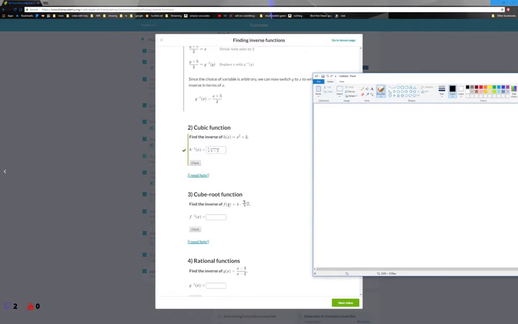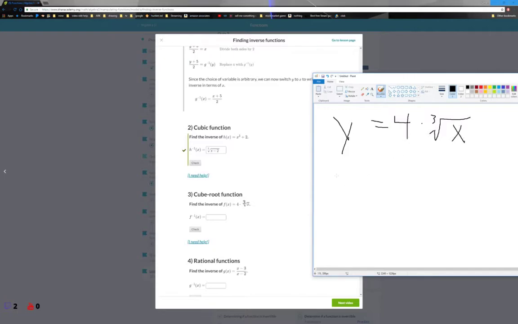Find the inverse of f of x equals 4 times the cube root of x. So we'll replace with y equals 4 times the cube root of x.